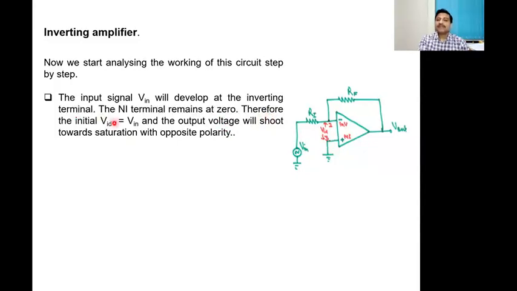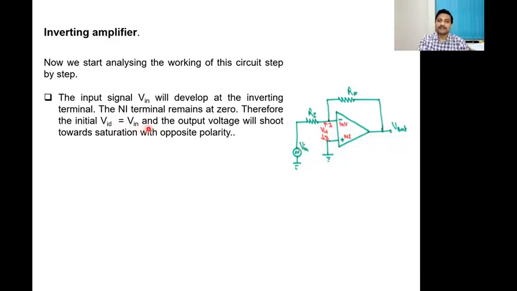Therefore, the initial differential input to the operational amplifier is simply V in. Unless there is some V out, there is no meaning of feedback. So at t equal to 0, V in appears at pin number 2, and at pin number 3 you have 0 volts. So the differential input VID is of the same magnitude as V in.